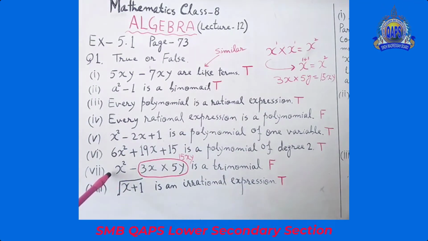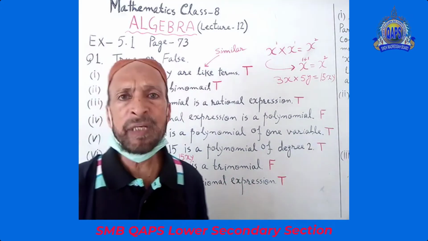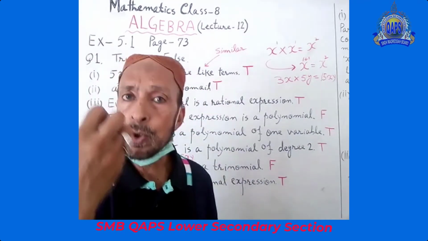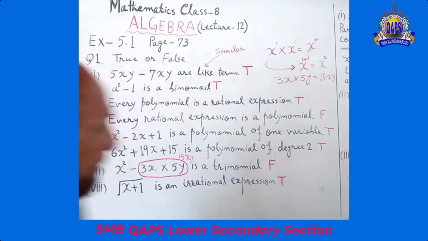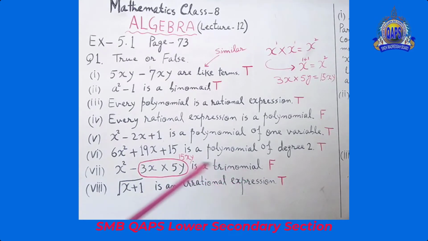So it will be x square minus 15xy. How many terms? 1 term, 2nd term. Only 2 terms. Is it trinomial? No, because trinomial means 3 terms. But we have over here 2 terms. That's why it is not a trinomial, it's a binomial. So the answer is false.